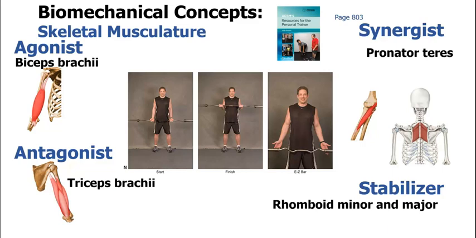And finally, the stabilizer muscles in a bicep curl are small muscles of the upper back connected to the scapula, such as the rhomboid minor and major. These muscles help stabilize the shoulder, allowing for proper movement in the distal segment during the exercise, whether the scapula is in retraction, protraction, or upward rotation.